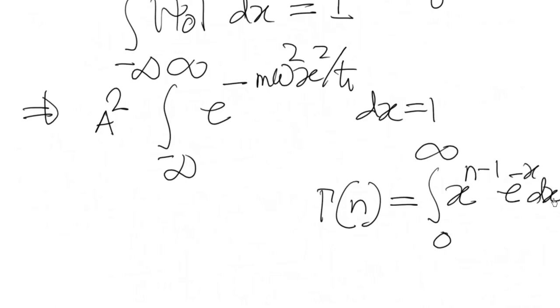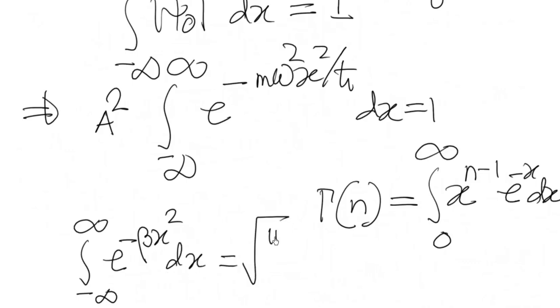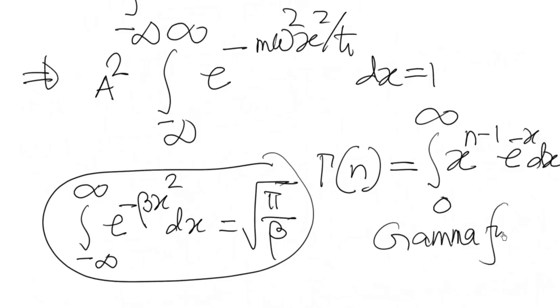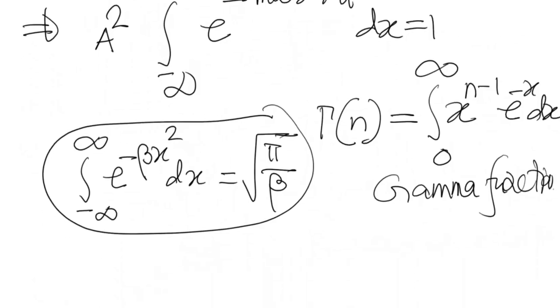Well, you can apply this, and if you just would like to write down the result, then we have a formula: the integral of e to the power minus beta x square dx is equal to square root of pi by beta. So if you apply this formula, or if you start by substituting and ultimately apply this gamma function, then you can obtain the normalization constant a.